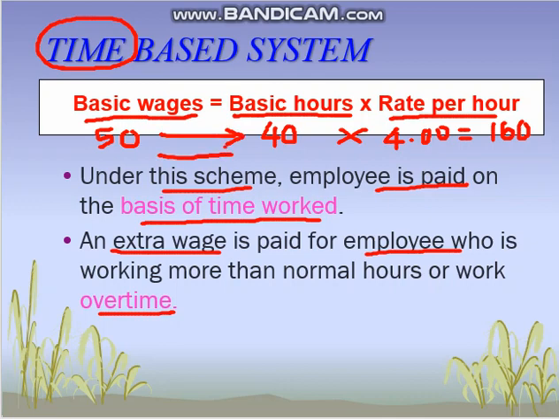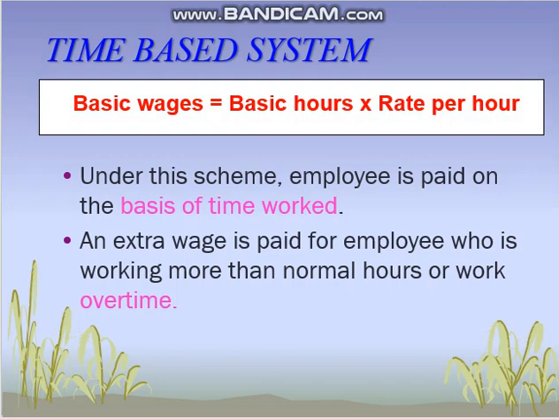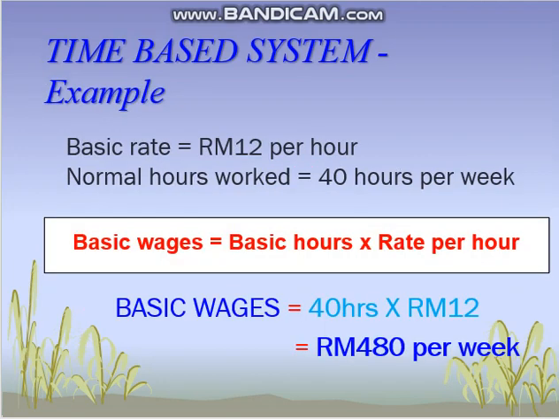So you have the other 10 hours, and those 10 hours are actually for the overtime. I'm going to teach you to calculate the overtime in another slide. Alright, next we move on to the next slide.